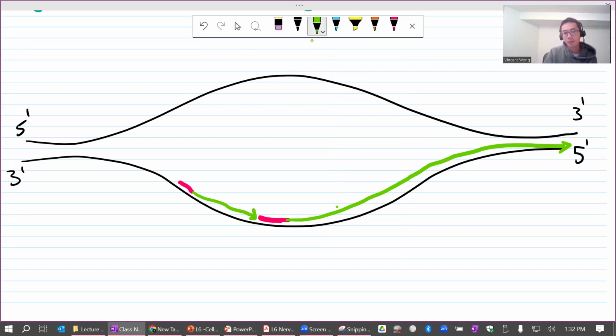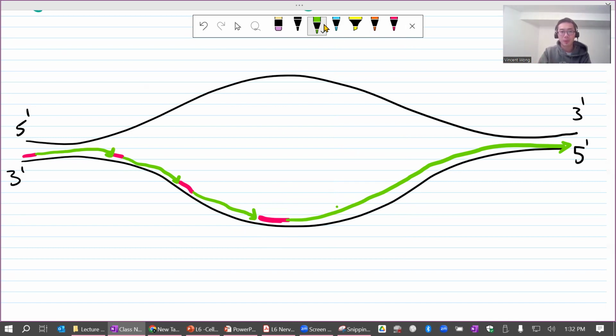The polymerase 3 will fall off, but number 1 will come and replace the primer, right? So this red stuff is going to become regular DNA. Same thing here. Number 3 is going to build and then fall off. Number 1 is going to come and replace it. Same thing here. It's going to build, fall off, and number 1 is going to replace it.